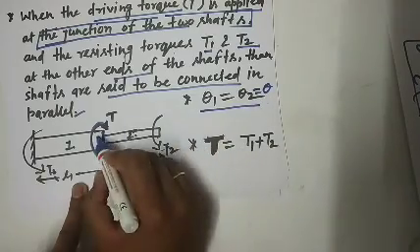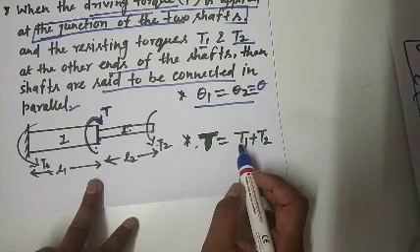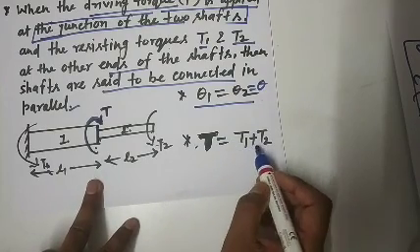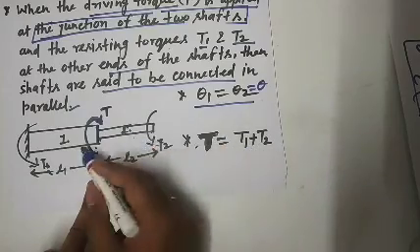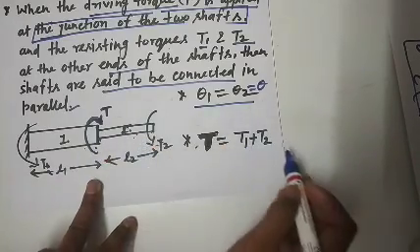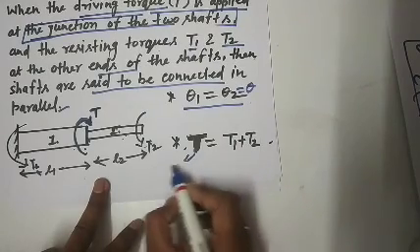The angle of twist will be constant, but the turning moment developed will be equal to the algebraic summation of the turning moment in each shaft. We can derive the expression.